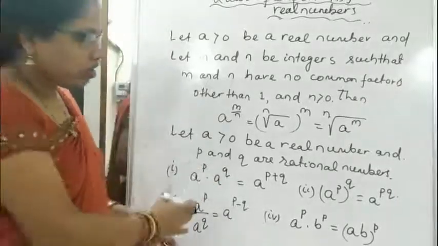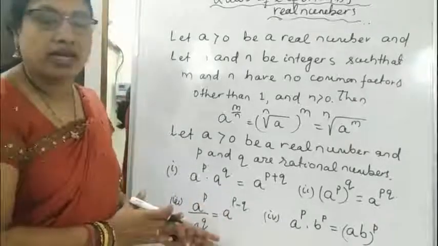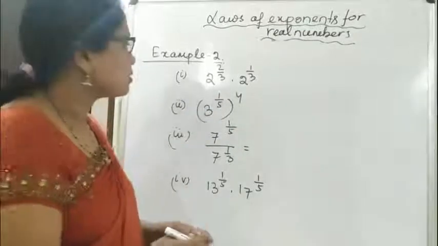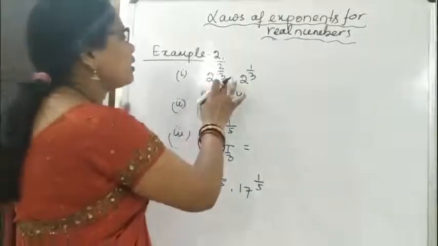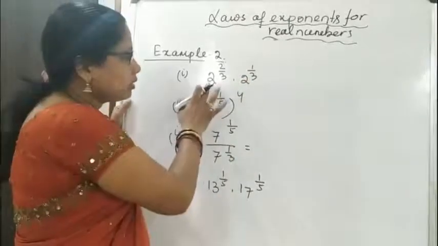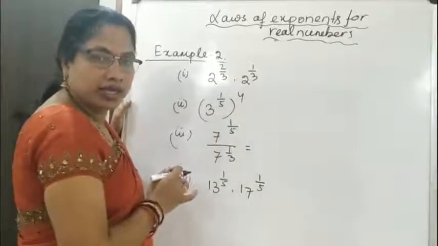So let us solve some examples where the exponents are rational numbers. Let us simplify 2 to the power 2 by 3 multiplied with 2 to the power 1 by 3. Here the base is 2 and the exponent 2 by 3 is a rational number.